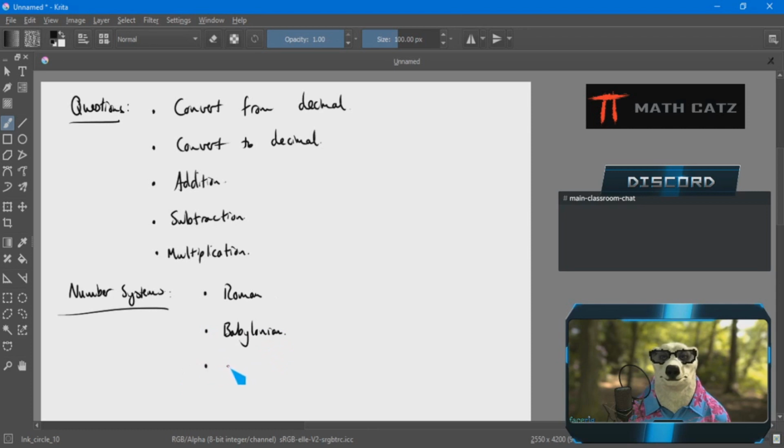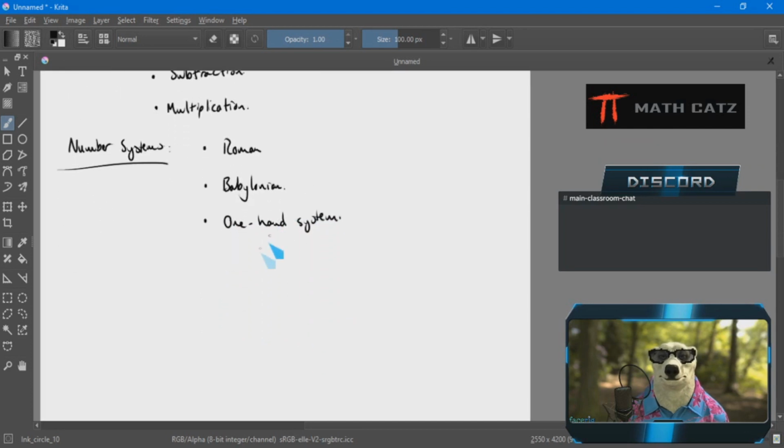Then we had different versions of the one-hand system, which we can call a base 5 system. That's really what we've done so far.